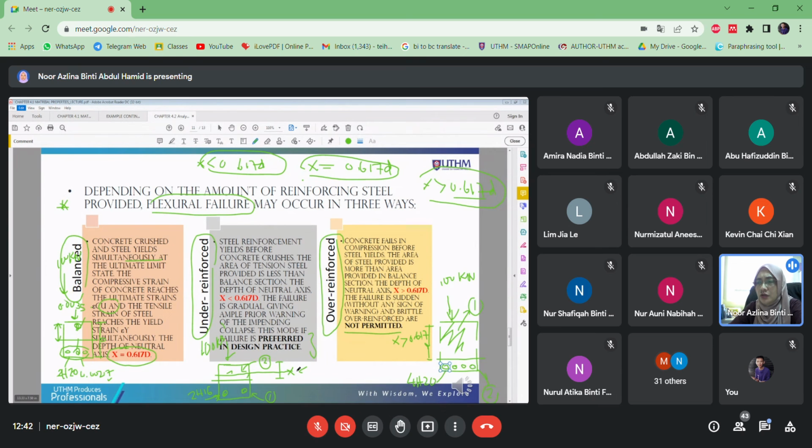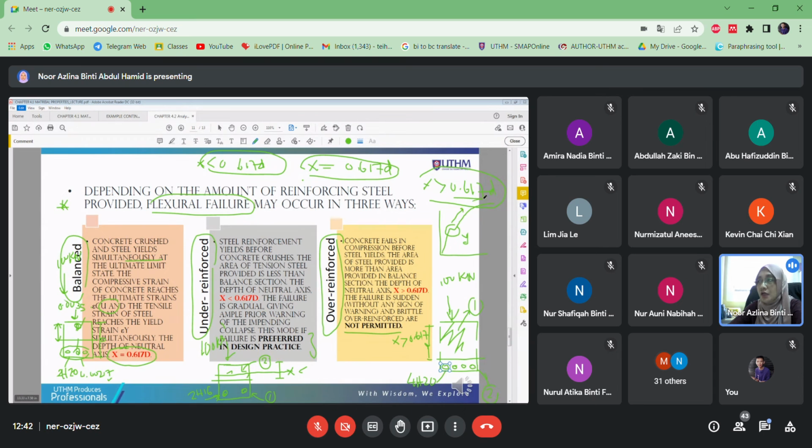Okay, look at the performance of the steel. Once it achieves the yield strength, I lukis balik the characteristic of steel. Once it achieves the yield strength here, it still can go further, right?